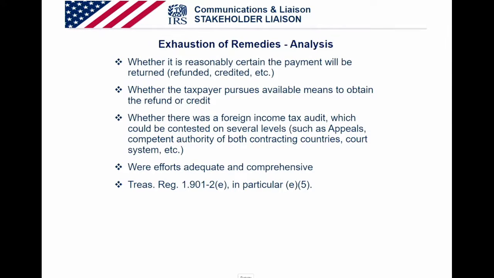What available channels were there with the foreign tax authority? Did they avail themselves of appeals, competent authority, an amnesty program, perhaps the court system? Well, let's take a look at an example.